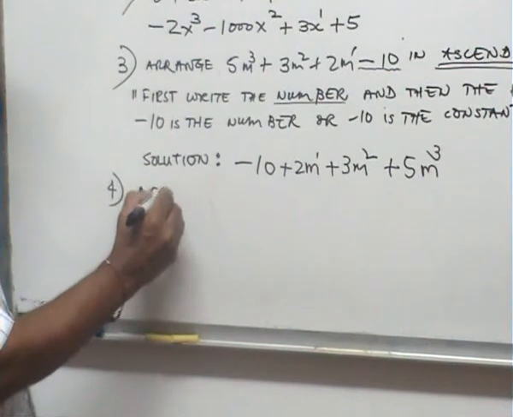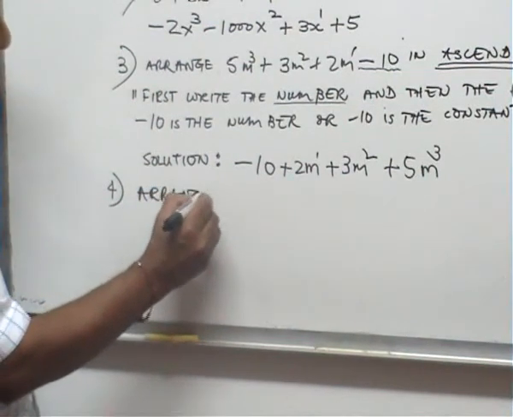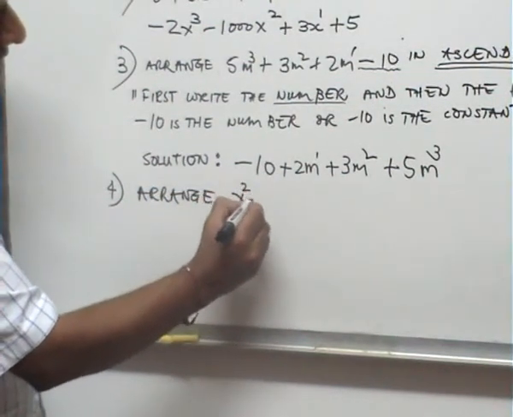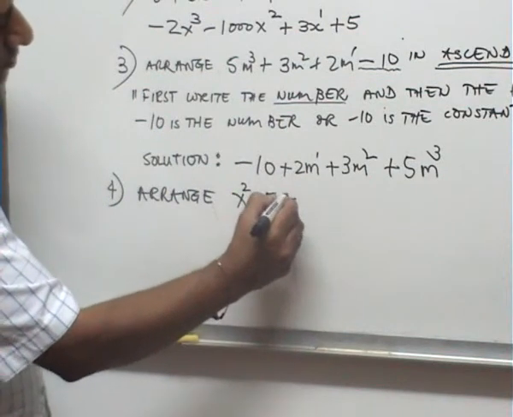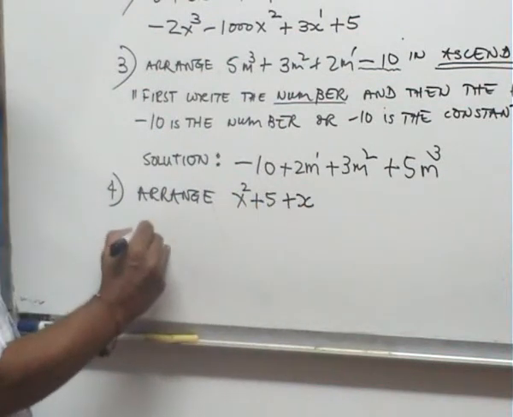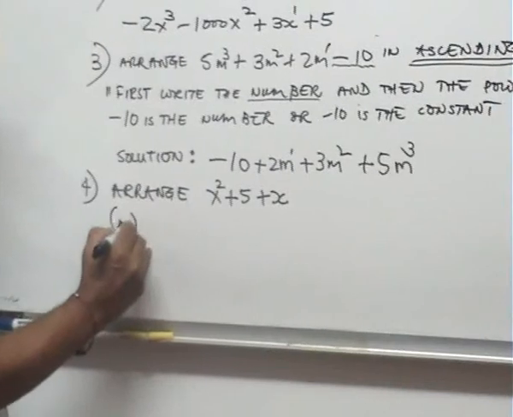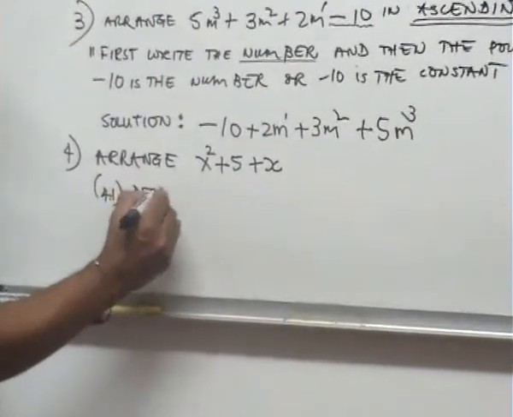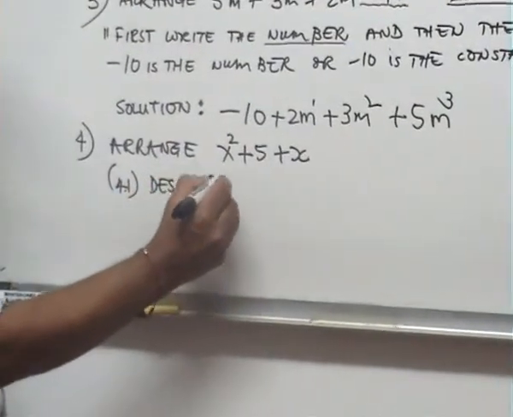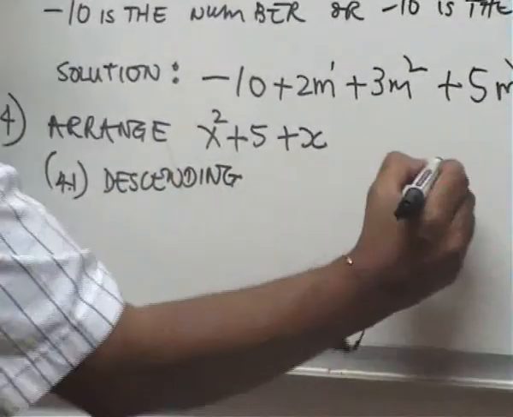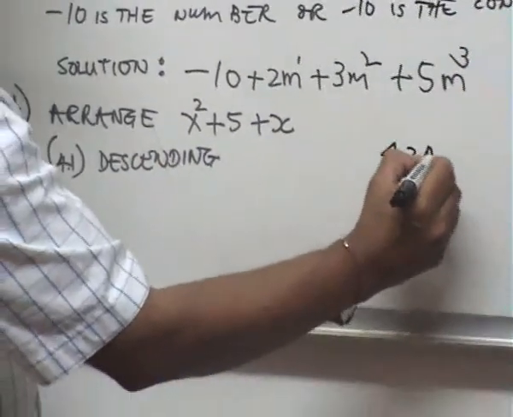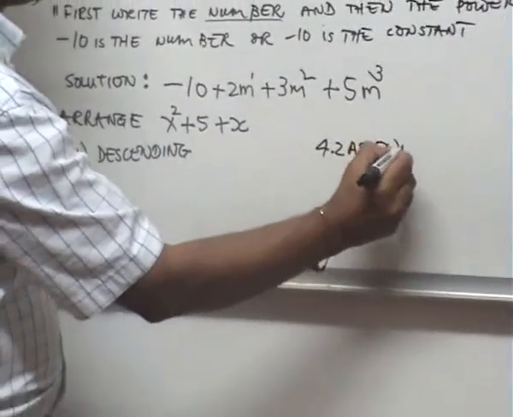Look at this question. Arrange x squared plus 5 plus x. 4.1 descending and 4.2 ascending.